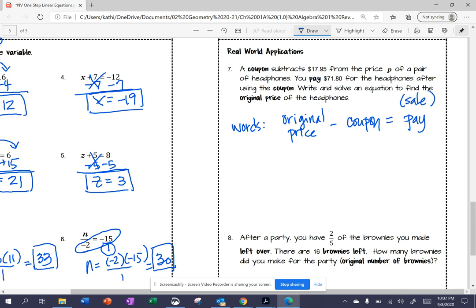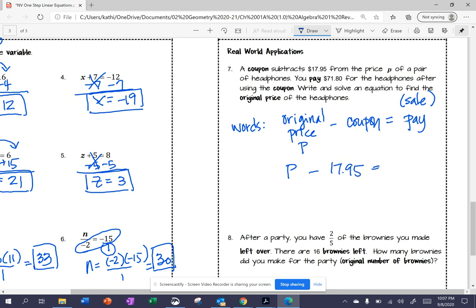So from my equation, I am trying to solve for the original price, and I'm going to call that P. So to start out with, this is going to be P, and my coupon is $17.95.